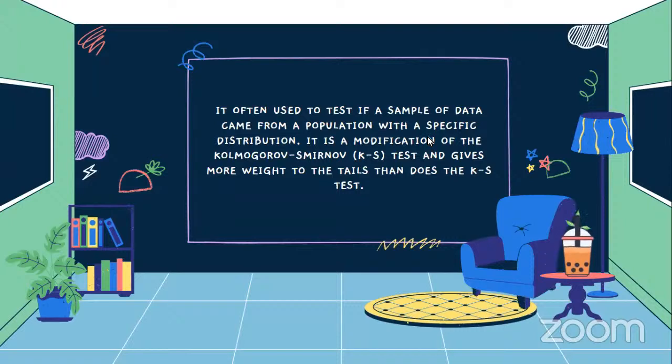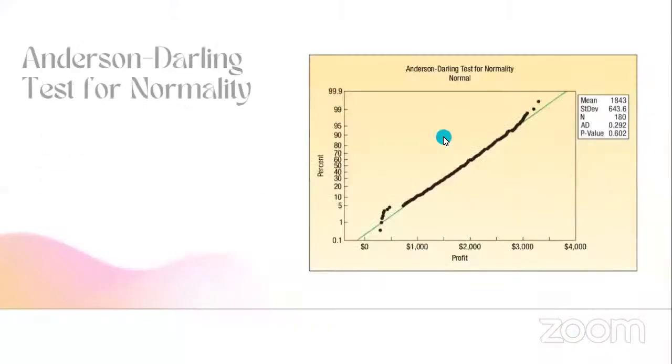The answer is it is often used to test if a sample of data came from a population with a specific distribution. It is a modification of the Kolmogorov-Smirnov test and gives more weight to the details than does the KS test.